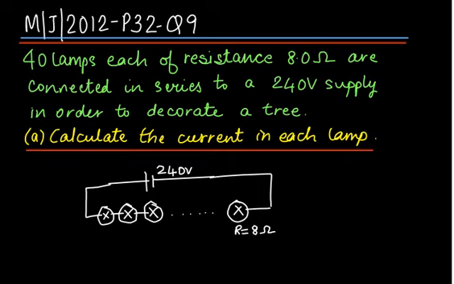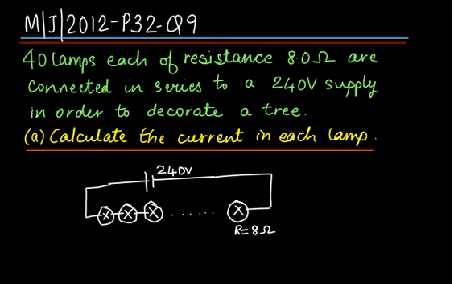We have been asked to calculate the current in each lamp. Now, before we do that, we'll have to make use of Ohm's law. I shall teach you Ohm's law in my next video, but I'll tell you how to solve this.